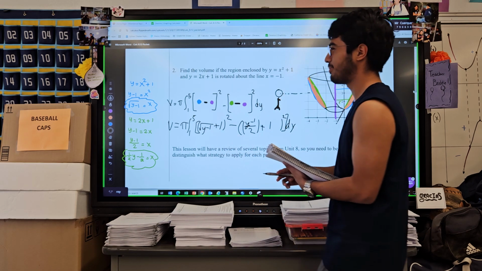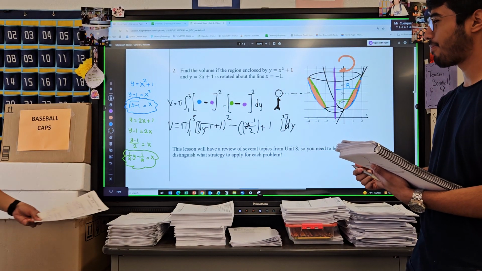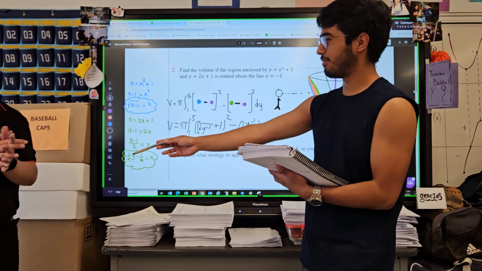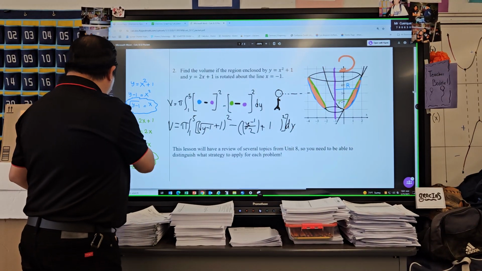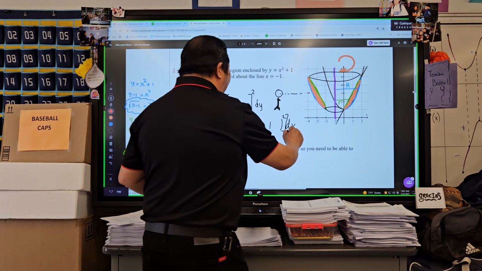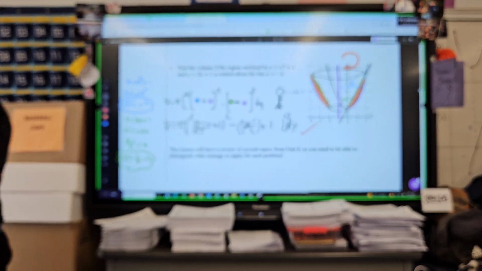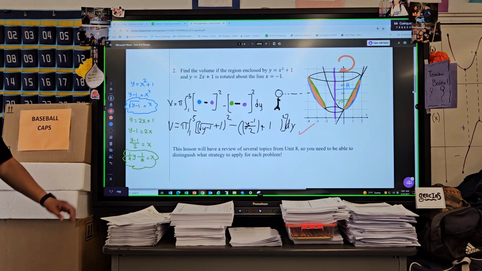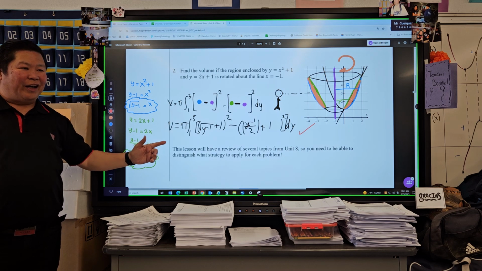There you go. Okay. So shall we give Johnny a round of applause again? And this is correct, guys. So color coding helps you a lot to understand, right?